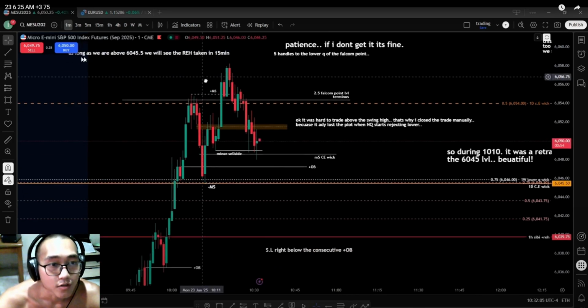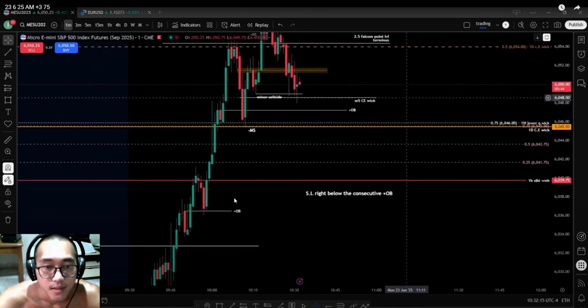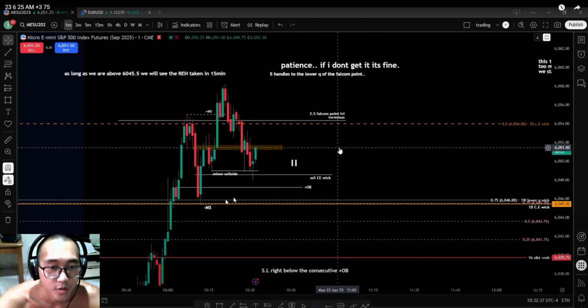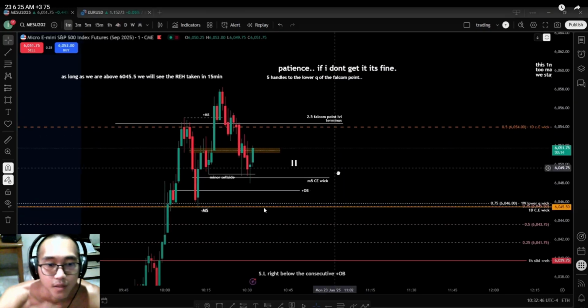So I say here, as long as we are above the 6045.5 level, we will see the relative equal high taken in 15 minutes. As long as we are above the 6045 level, which is this daily CE wick, because see here, we supported at the daily CE wick.